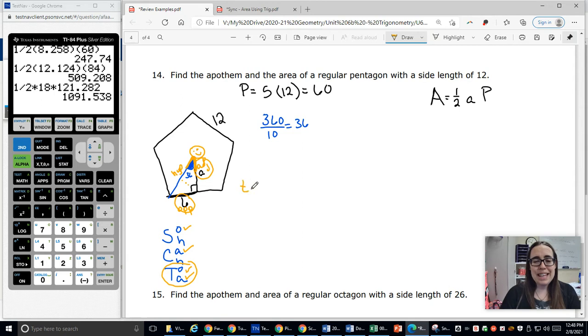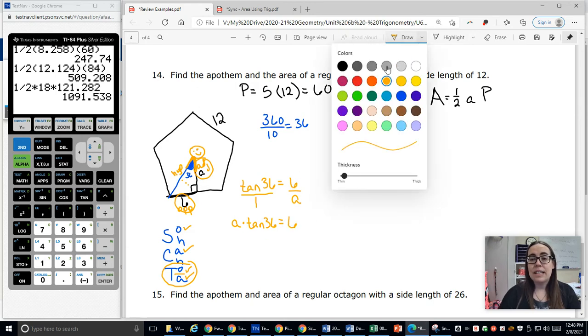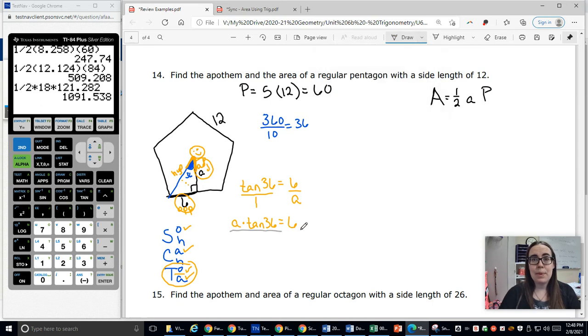Okay, so tangent of 36 degrees is going to equal opposite over adjacent. My opposite is 6 and my adjacent is A. Since I can see it's in the denominator, I know when I cross multiply, I'll end up dividing. A times the tangent of 36 is equal to 6. So then I need to divide out that tangent of 36 on both sides.